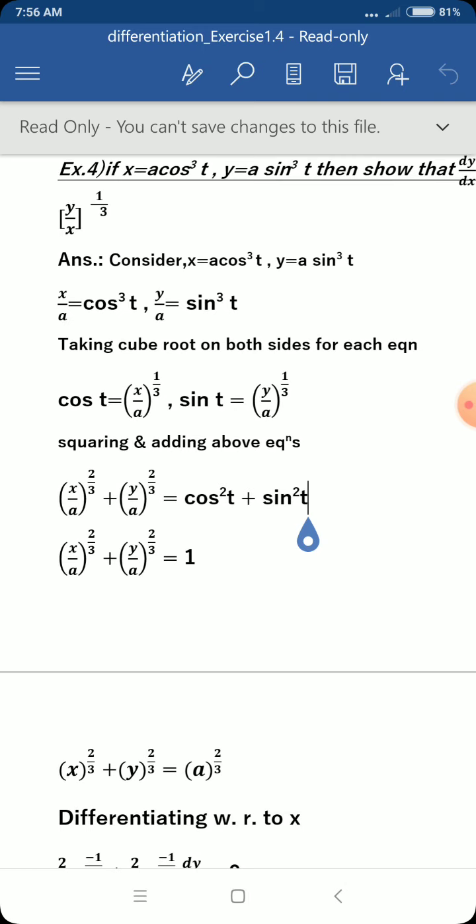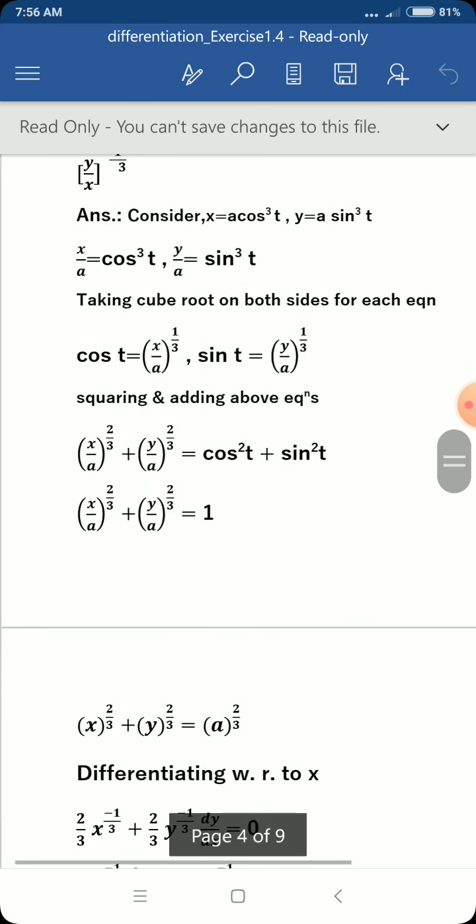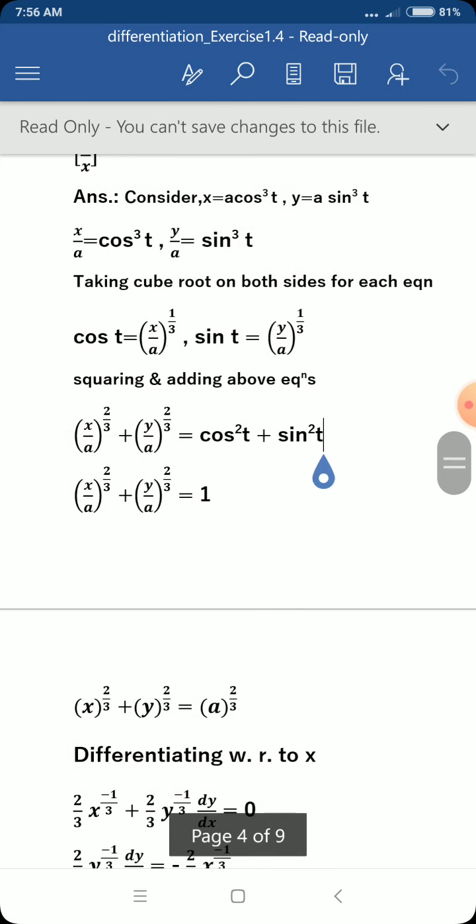Therefore, here cos square t plus sin square t is equal to 1. Therefore, we get x upon a bracket raised to 2 by 3 plus y upon a bracket raised to 2 by 3 equal to 1. Now taking separate powers for the numerator and denominator and taking the denominator to the RHS, we get x raised to 2 by 3 plus y raised to 2 by 3 is equal to a raised to 2 by 3.